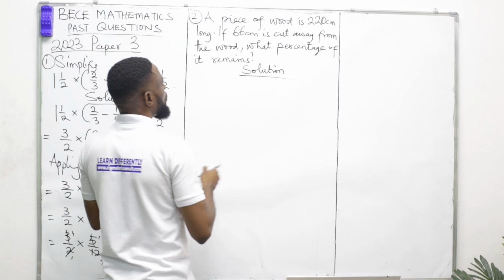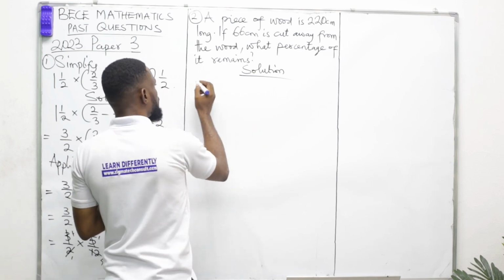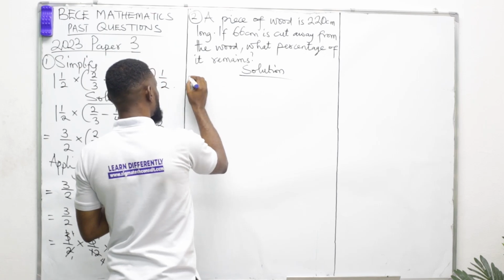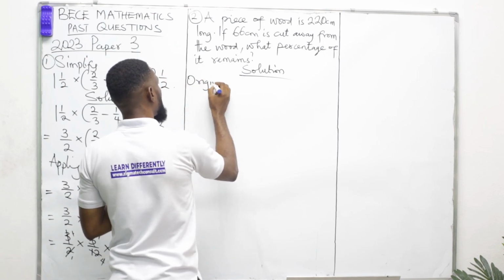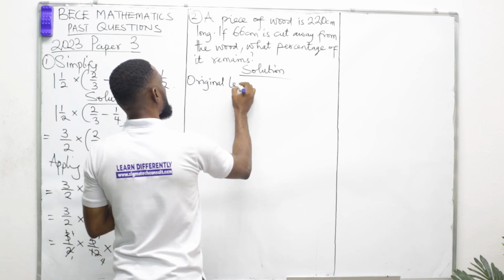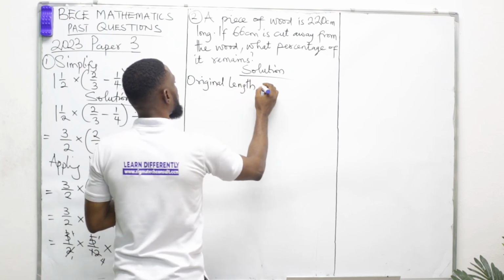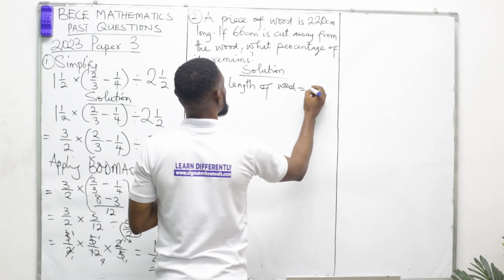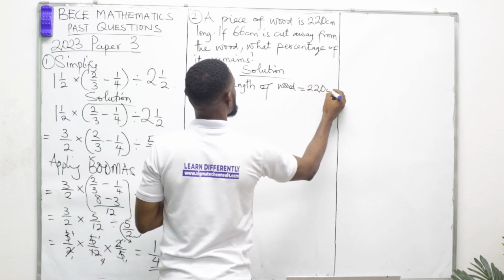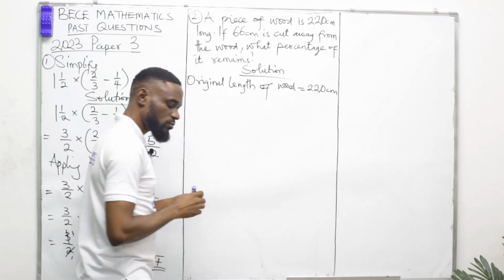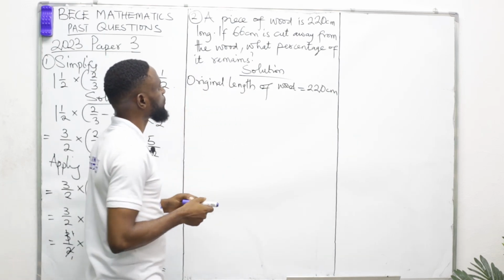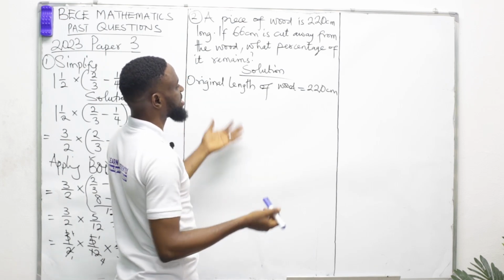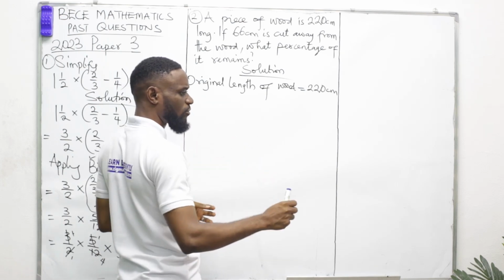So the original length of the wood, let's say original length of wood is equal to 220 cm. You get that? Now, 66 cm of the wood is cut off.